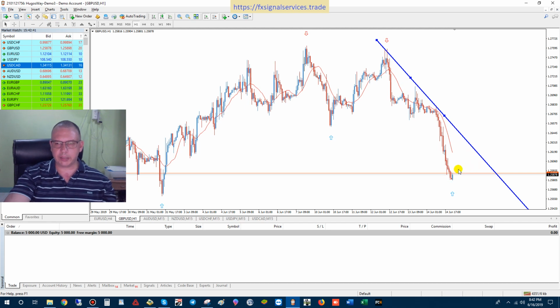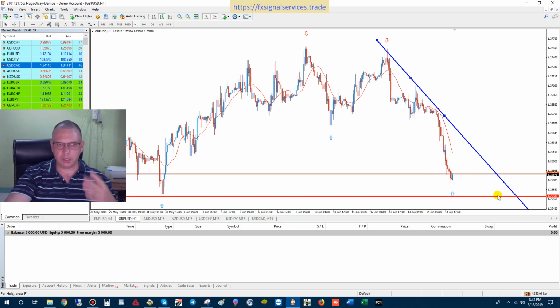So we can expect the price to come up, touch this trend line, and come down even further. All right, if I look at this support level right here, that would be the final bottom, in my opinion. So this will come up, touch this trend line, and then come back down even further and touch this horizontal line here, this support level, and then bounce back up again.